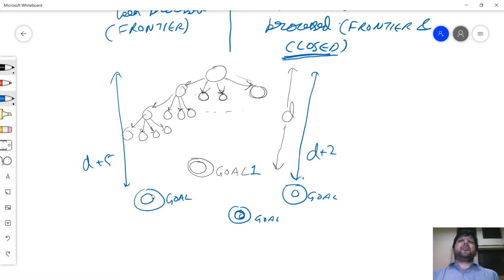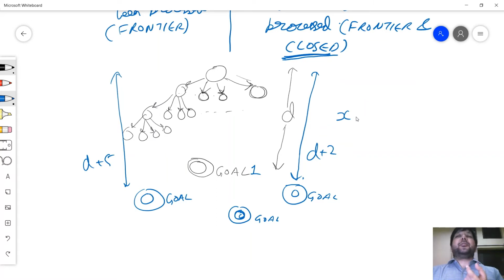Now suppose I am at a depth of, let us say, x. So I extract out the node, I look at its depth, it's x. I look at its cost, it's x. That means because I go level by level, the nodes which are at the depth of x are currently being explored.